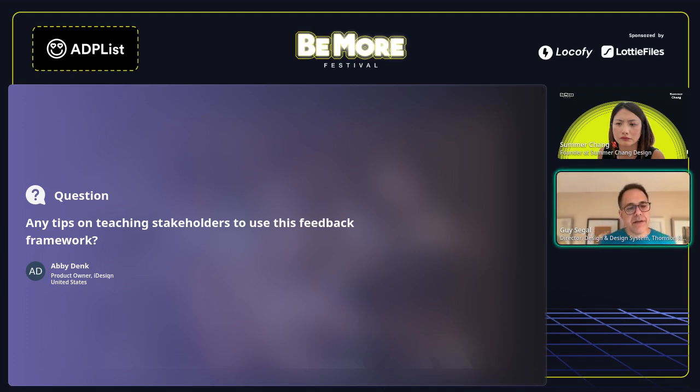You translate it for the purposes of the critique, so it doesn't come across as a personal attack. Even if the stakeholder did not mean that at all, we know that intent and impact are not always the same thing. But if you're the mediator and you translate it, first of all, you're lowering the defenses.